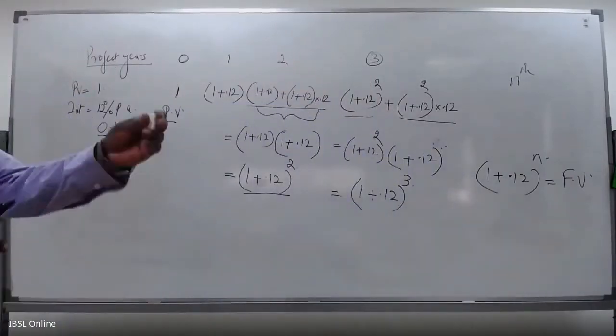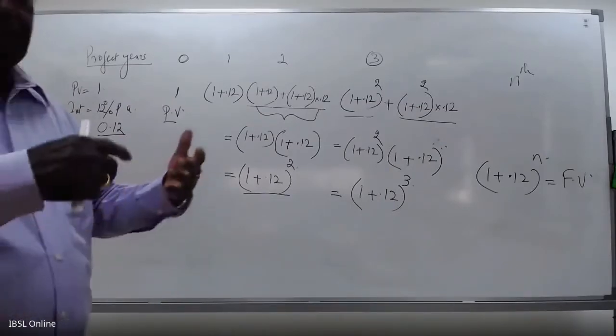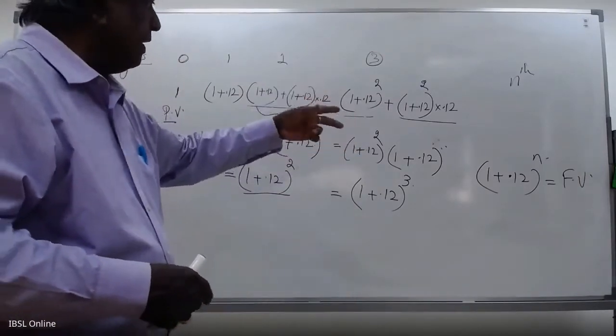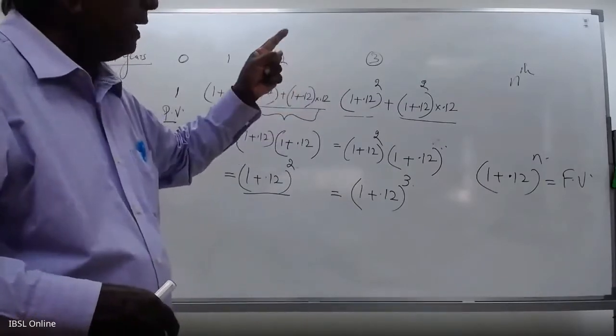When the present value is 1, the future value at the end of the nth year will become 1 plus 0.12 to the power n at the interest rate of 0.12 or 12% per annum.